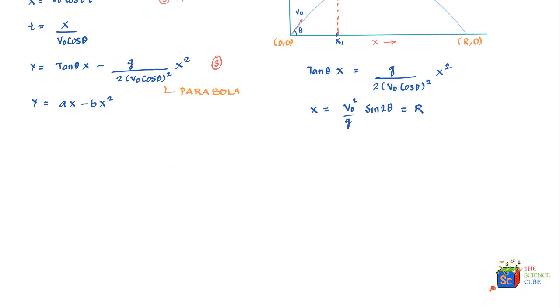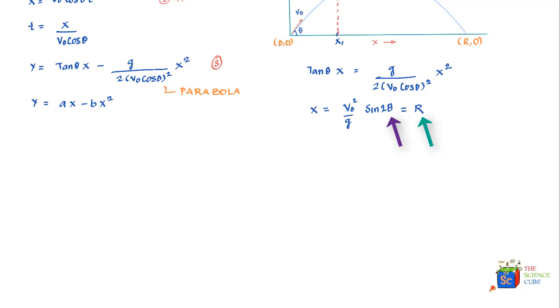Now what you would see is that this range can change. It's variable depending on the angle of projection and velocity. If the velocity is kept constant, the range would change as the angle theta changes, and therefore the next obvious question is, what is the maximum range?